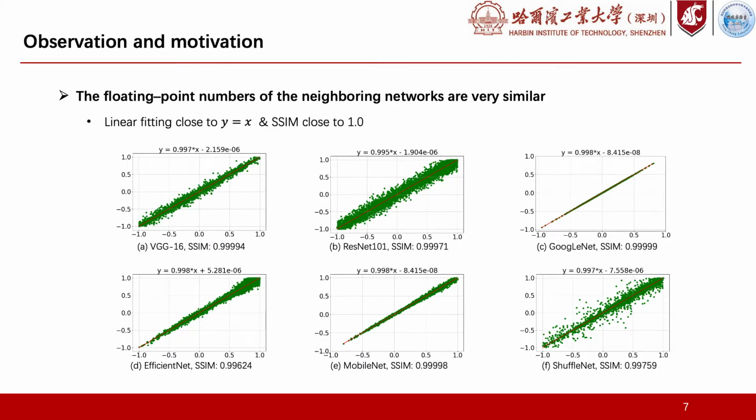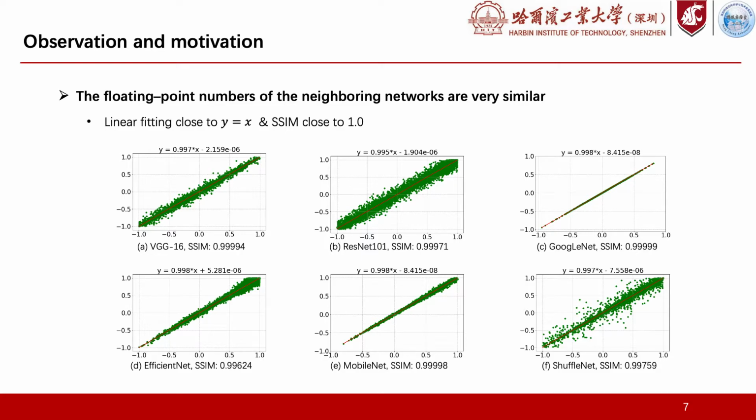As introduced before, there are many floating-point parameters in a DNN, and in the training process, some parameters vary greatly, while some parameters vary slightly. So we collected 100 versions of 6 popular DNNs in training, and then linearly fit the corresponding parameters from every 2 neighboring networks, as in this figure.